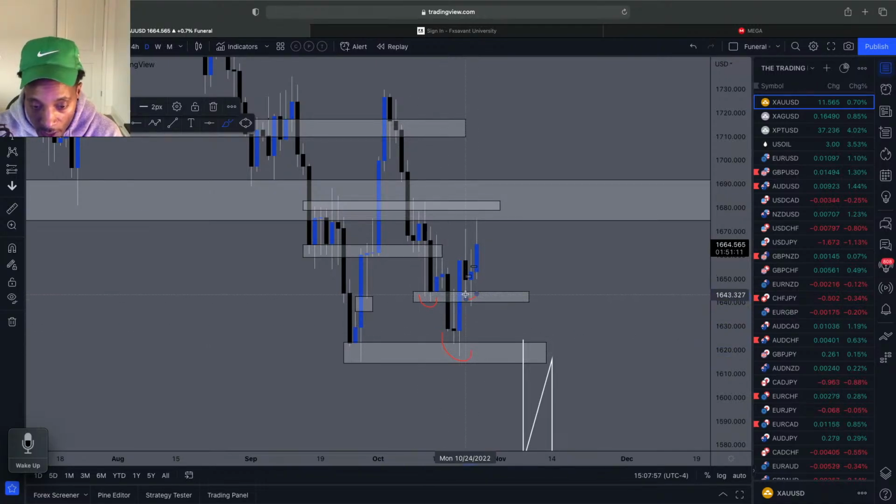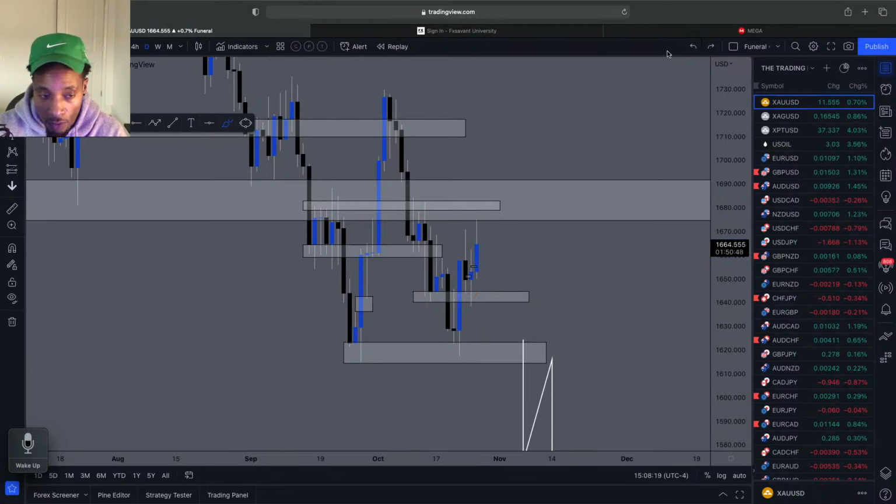We can tap below the left shoulder, but as long as we do not close below it, the inverted head and shoulders is still intact, and from there you should see the explosion to the upside because you have a simple impulse, retracement, and impulse pattern to the upside. So that is what has happened on the daily.